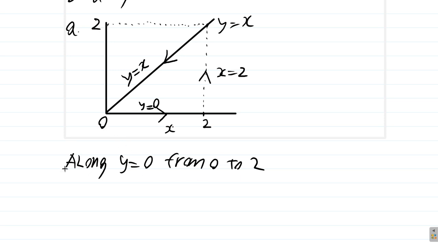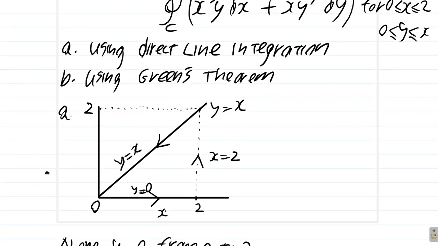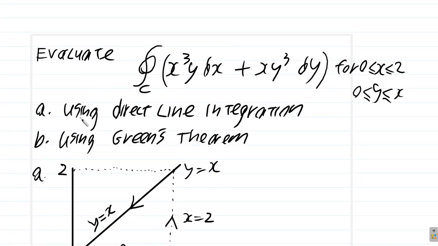So now, remember, when you're doing the line integration, what I want you to do is to use a parameter. Remember, you could write this entire function as x alone and dx, right?